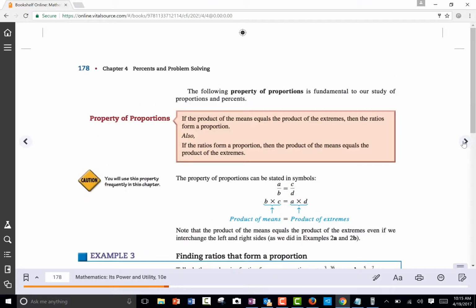It says if the product of the means equals the product of the extremes, then the ratios form a proportion.